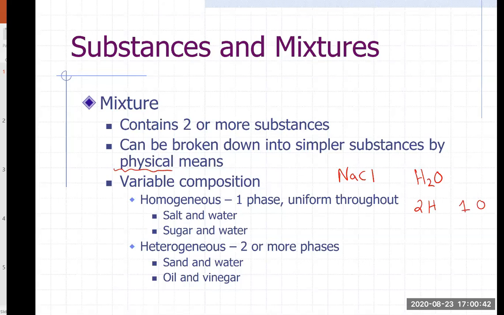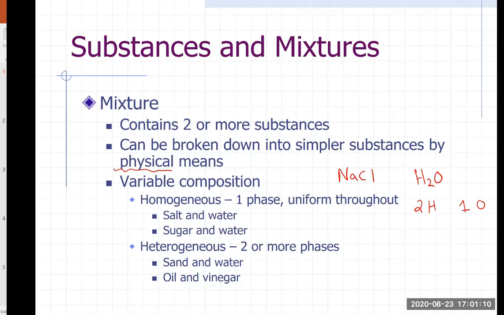If we change the number of hydrogens or the number of oxygens, we would no longer have water. We would have some other substance. Similarly, sodium chloride has 1 atom of sodium and 1 atom of chlorine, or you'll later learn that it's 1 ion of sodium and 1 ion of chloride that are together. But the fact is that we're always going to have that fixed composition.